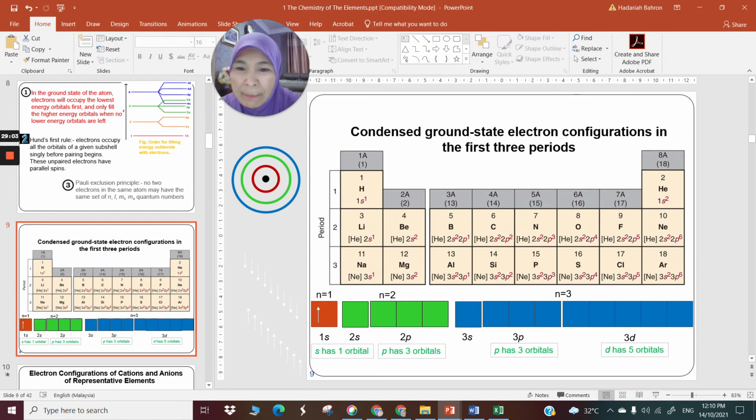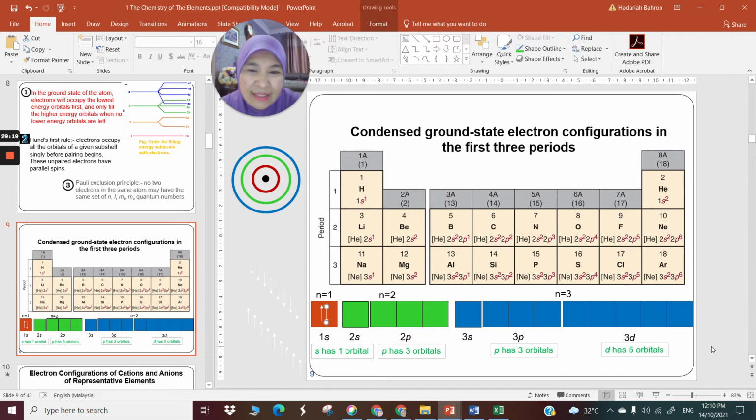So in pairing up, you have to take an electron of the opposite spin, and it will occupy the 1s. They should be a little bit closer. This is too far away. Yep. So the second electron will occupy the 1s orbital.